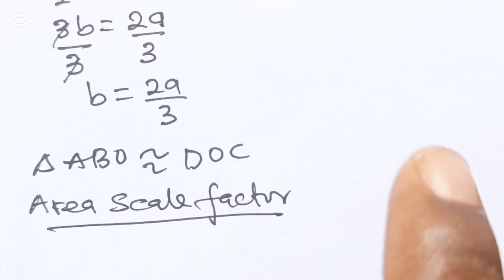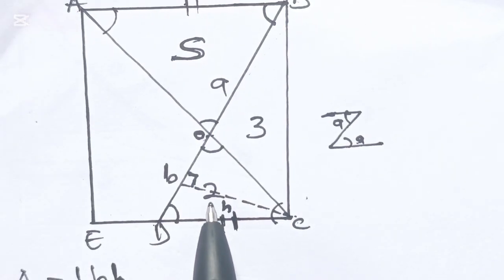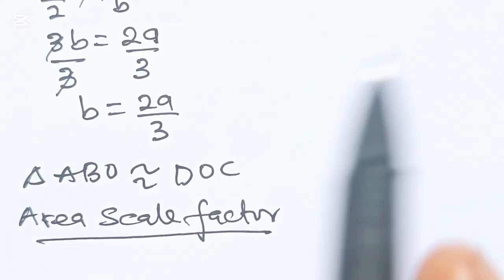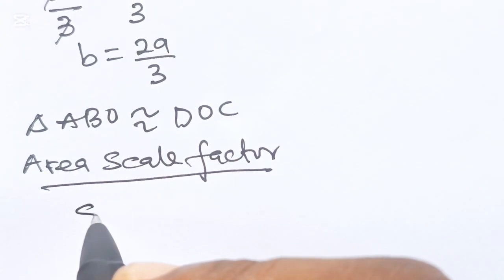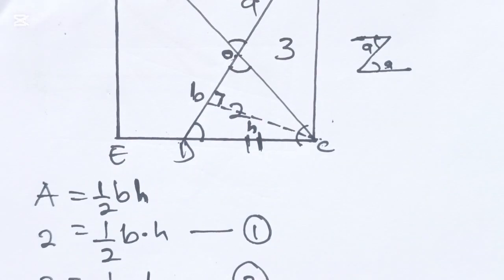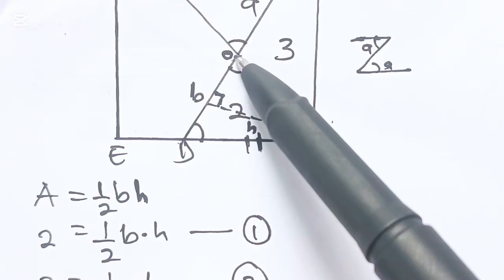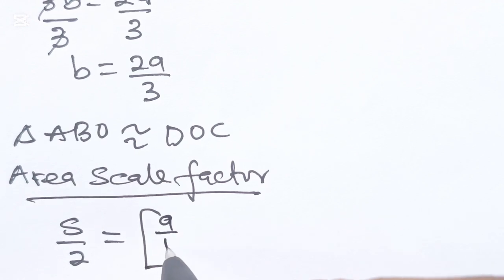The areas of these two triangles are S and 2, so we can write S divided by 2 is equal to their corresponding lengths, a and b, that is a over b, all squared.